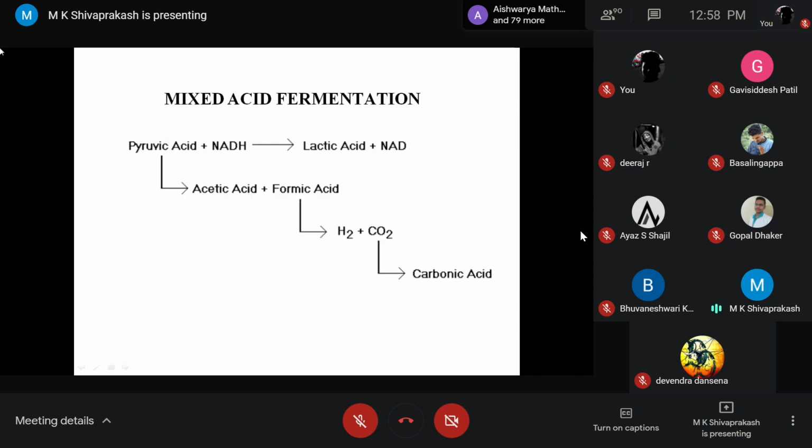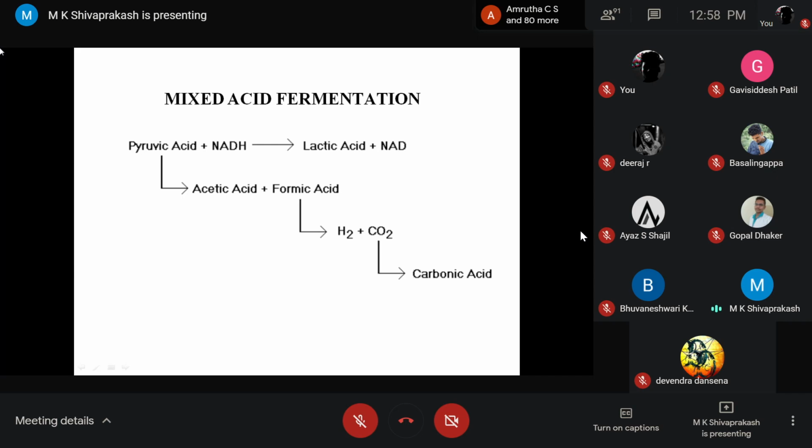And the mixed fermentation, of course, where from pyruvic acid, which is the end product of the glycolytic pathway, along with the other end product, NADH, it gets converted to lactic acid and NAD on one side.